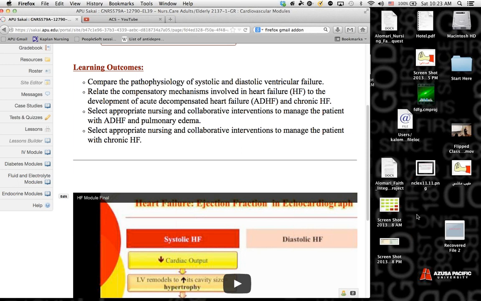Q wave, long or deep, is the most serious ECG change. So it will be T wave, then ST, then Q wave. Remember we talked about the Q for a queen: if they reach the queen, game is over.